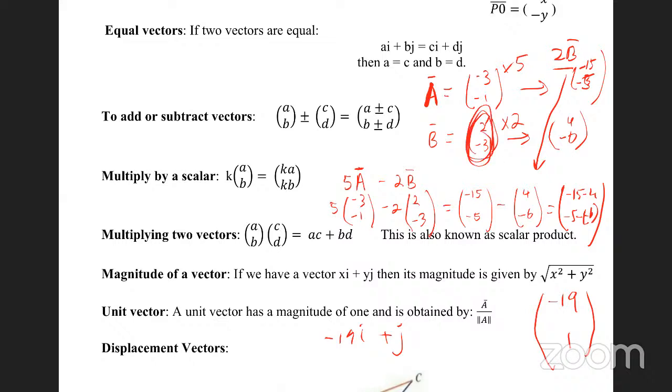That's how I got 4, minus 6. Right, Imran?